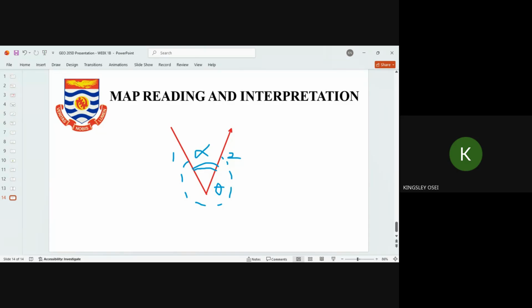So in the angle construct, clearly two lines are meeting, 1 and 2. But when we go to bearing, there is a variation and a twist, and that is where I want you to be careful about it. In a general sense, a bearing is direction. But in a technical sense, a bearing is the angle a line makes with the reference meridian.